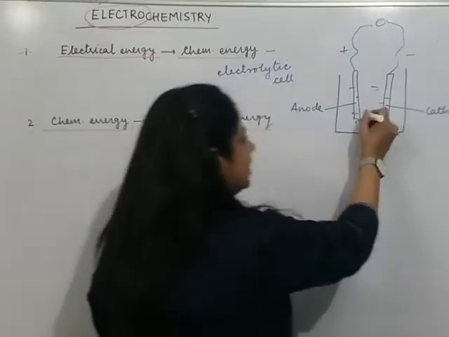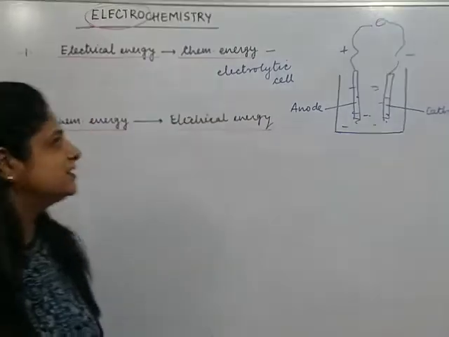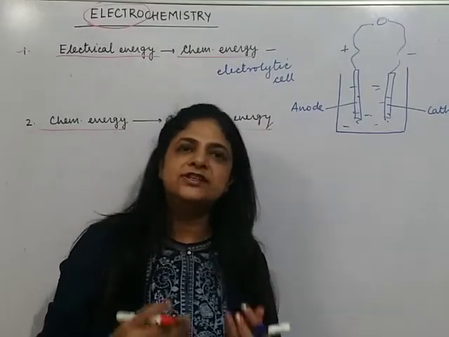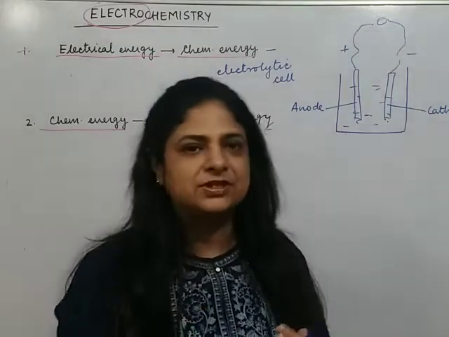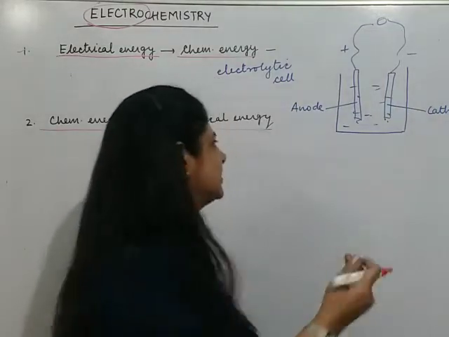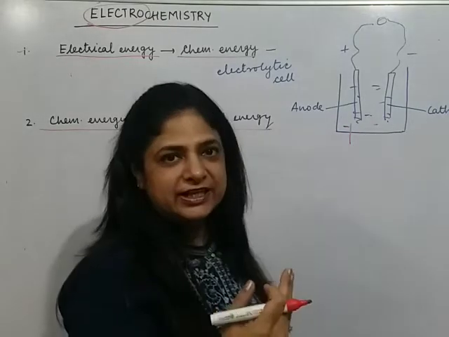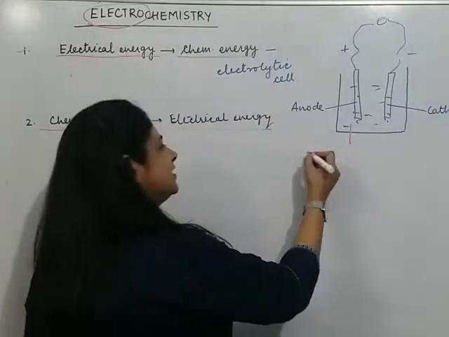Now the electrolyte which has been filled in this electrolytic cell is a chemical which, either in its aqueous state or in its molten state, is capable of producing free ions and hence conducting electricity.